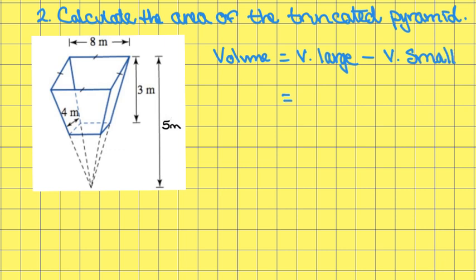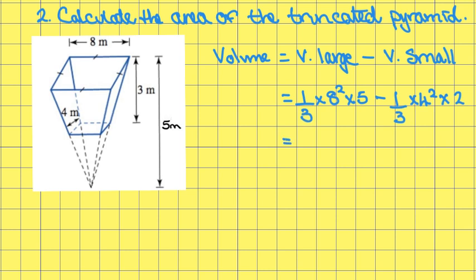The volume of the large is 1/3 times the area of the base, which is 8 squared, times its height, which is 5, minus 1/3 times the area of the base of the small, which is 4 squared, times 2.